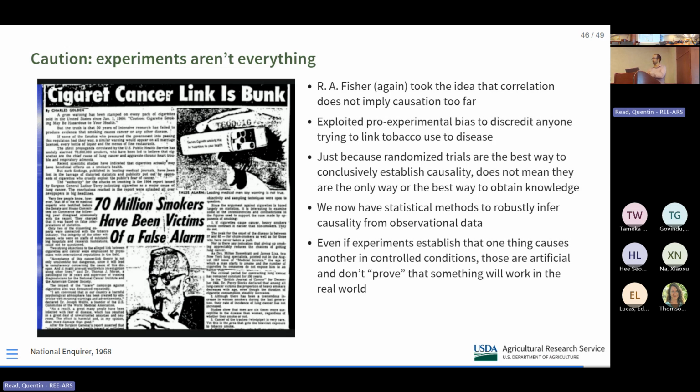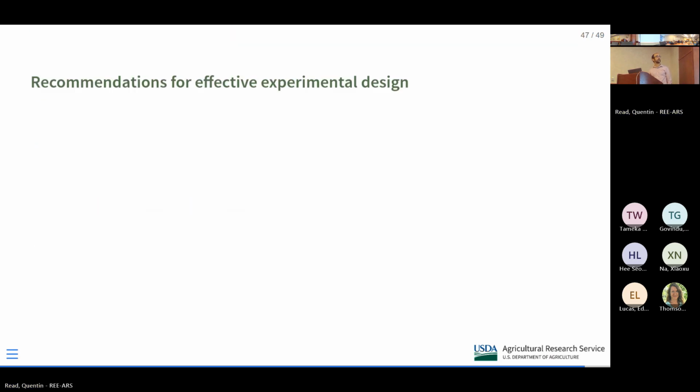Maybe the drug only works in the lab for whatever reason, and when people are exposed to natural conditions in the environment, not just mice in a lab, it doesn't work. So you have to get real world data as well as controlled experiments.